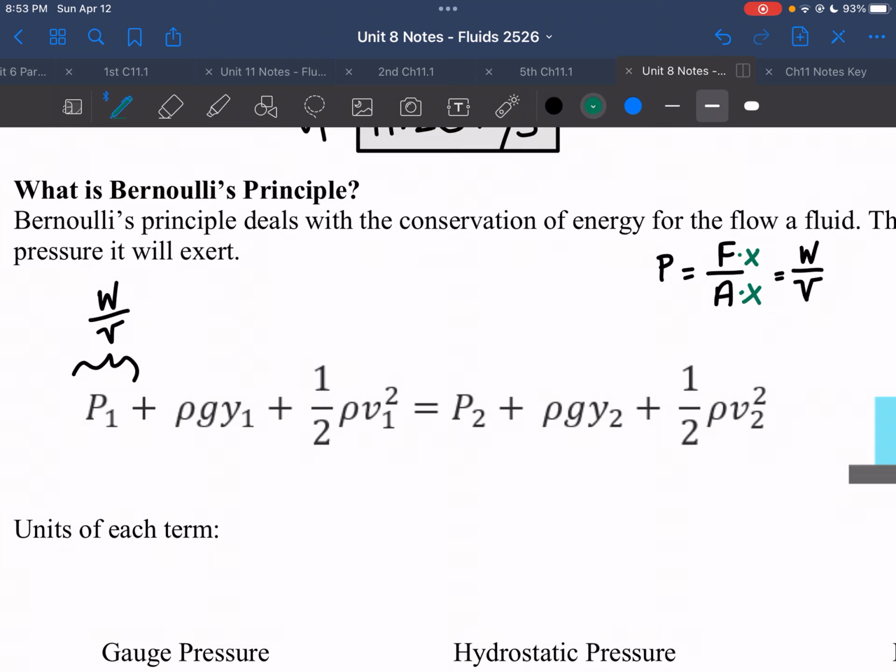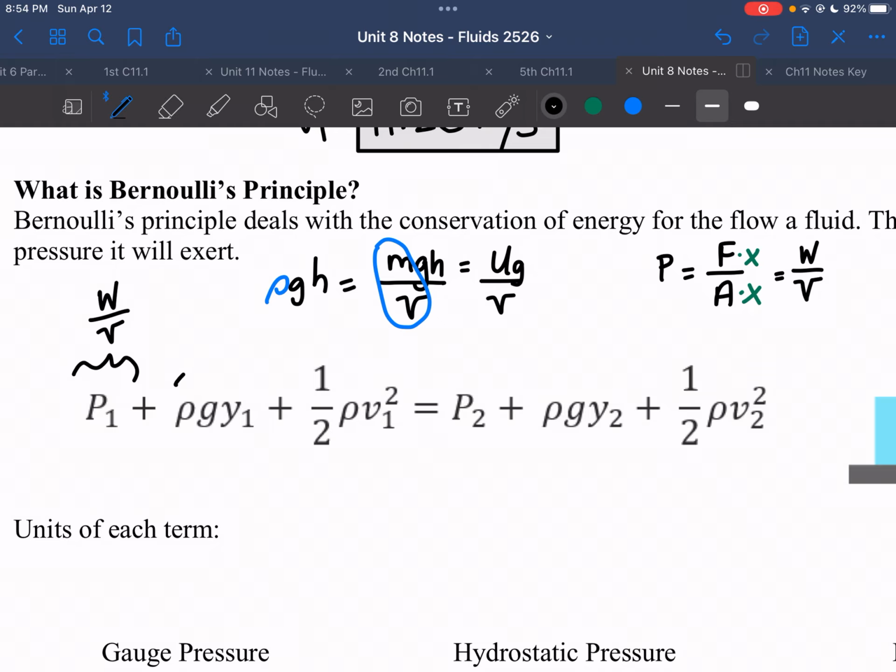The next piece of this is rho g y. Well, y is the position, so it's very similar to mgh. But if you take mgh, which is your gravitational energy, and you divide it by the volume, then really what you have is mass divided by volume here, which is the same as density.